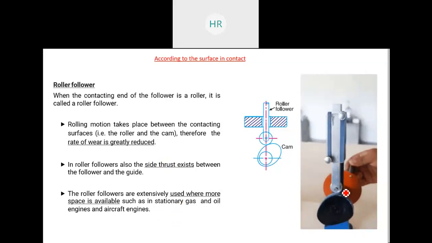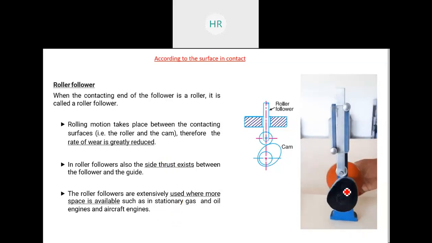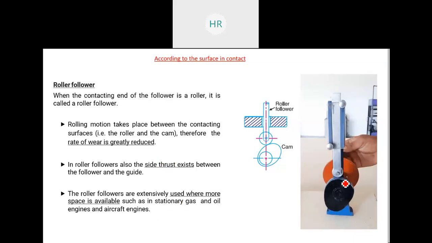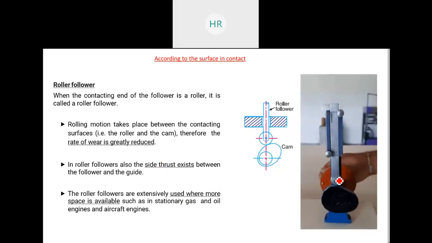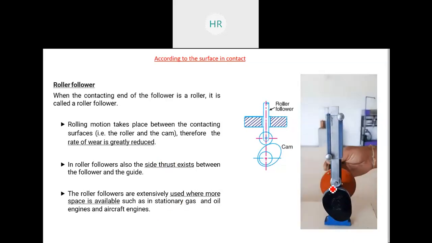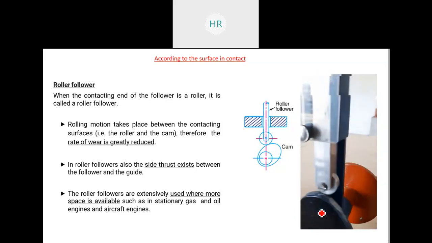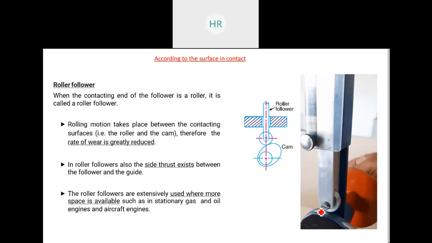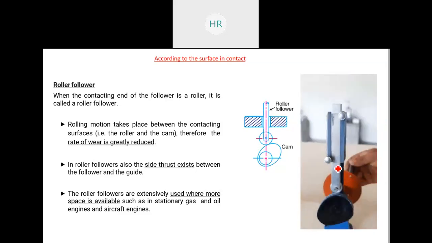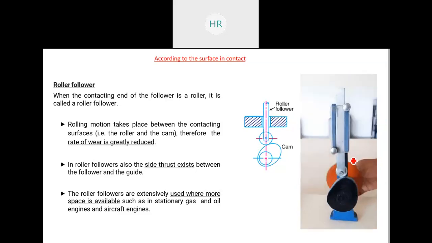Because of this rolling motion, the follower and cam will be moving easily. There will be less friction because of rolling motion, and you can see the motion is very smooth.